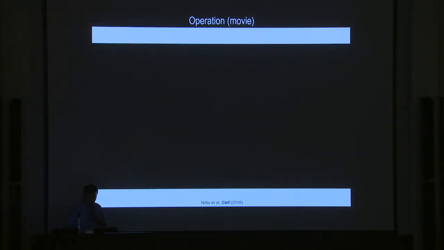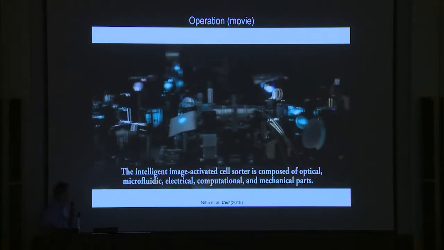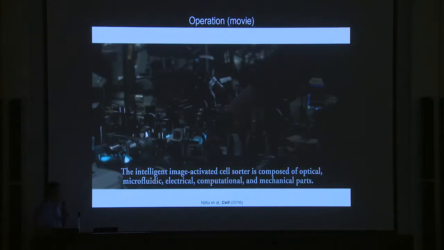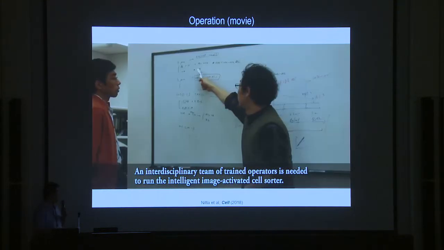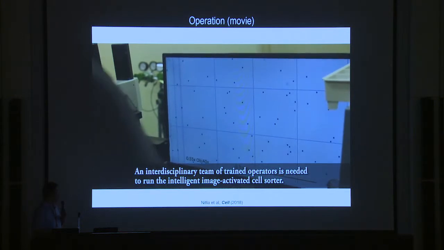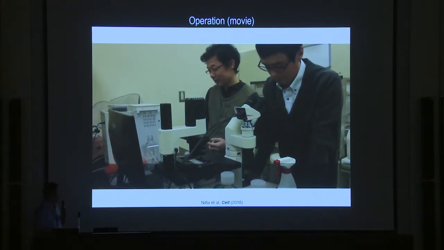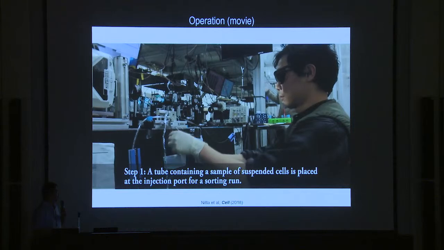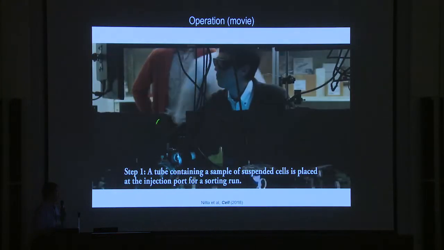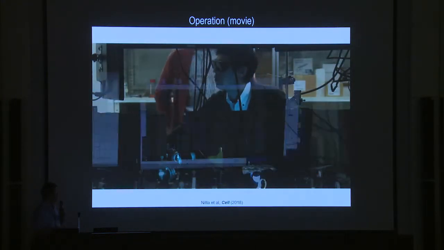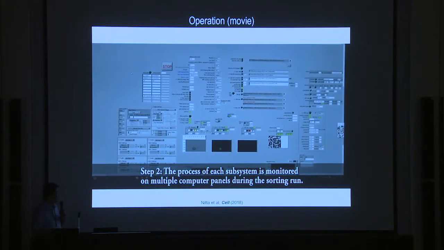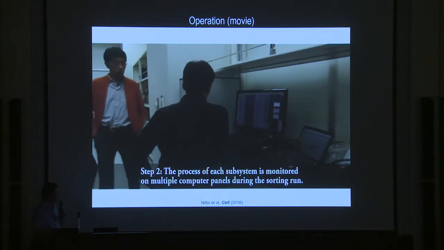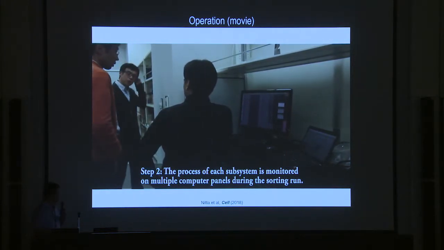I have a movie that shows the operation of this instrument. Before the experiment, we discuss and prepare for cells. Then we put a tube containing a sample of suspended cells into this machine, and we run it, and we monitor every event. These are cells being monitored, and we wait for some time.